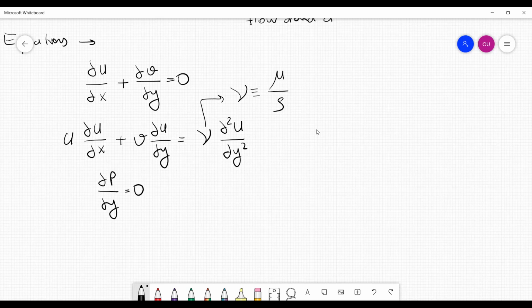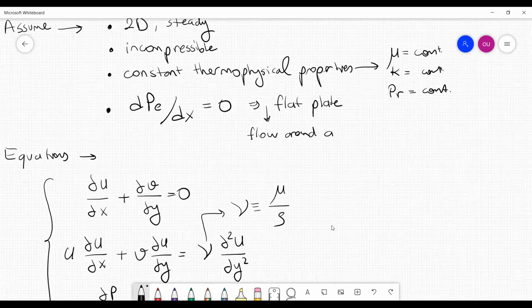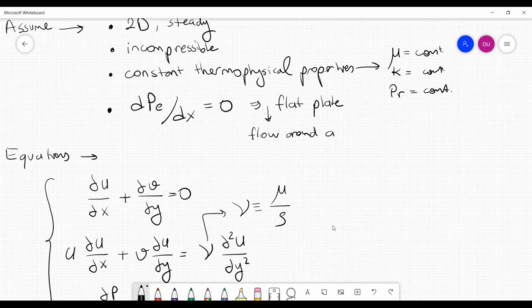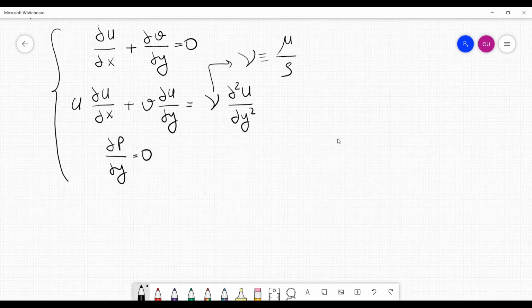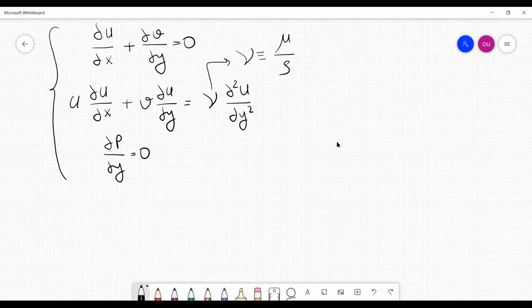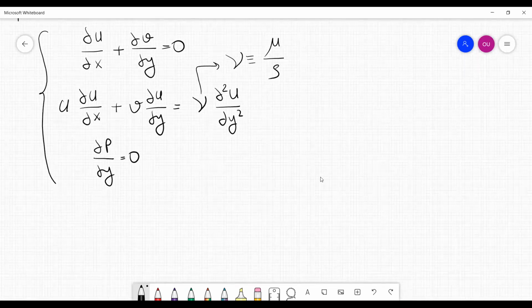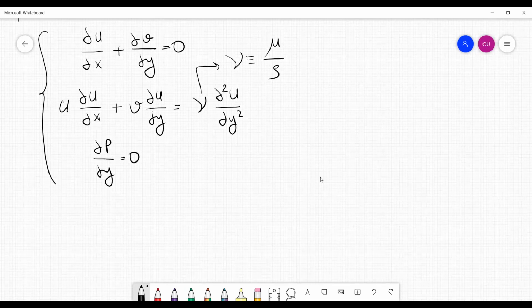So these are the equations that Blasius came up with for this simplified problem: steady incompressible flow with zero streamwise pressure gradient. And he attempted to obtain a mathematical solution to this problem. We will go over step by step how he did that. The starting point in order to obtain a solution was to assume a coordinate transformation.